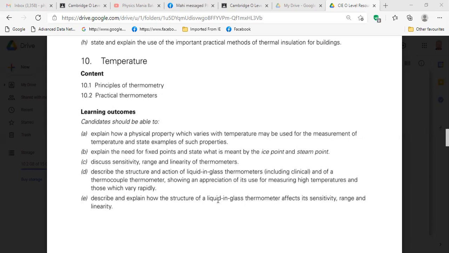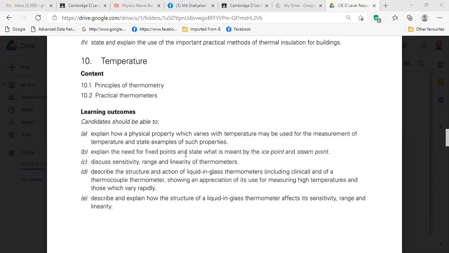So if 10 degrees Celsius we are getting for 1 centimeter, then each of the millimeter is giving us 1 degree Celsius, isn't it? Yes, sir. So this way we can make the thermometer, and this is called the linearity.